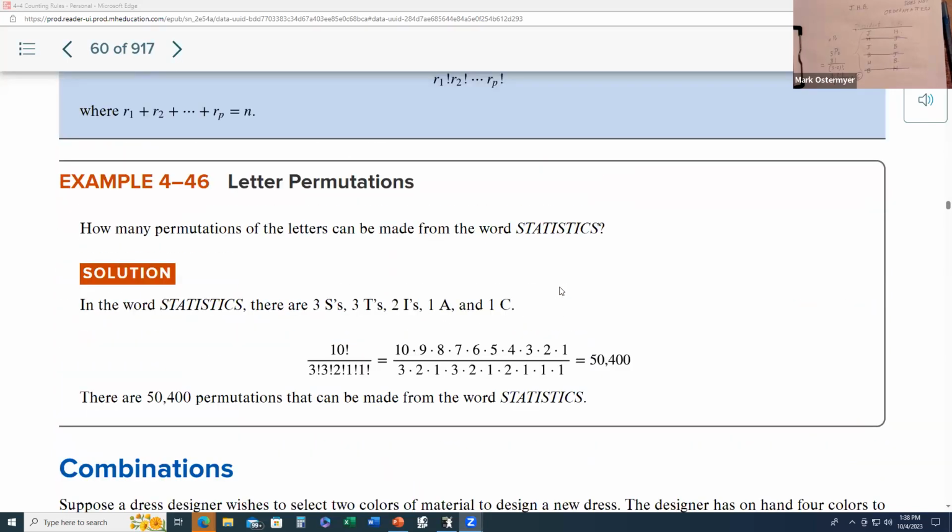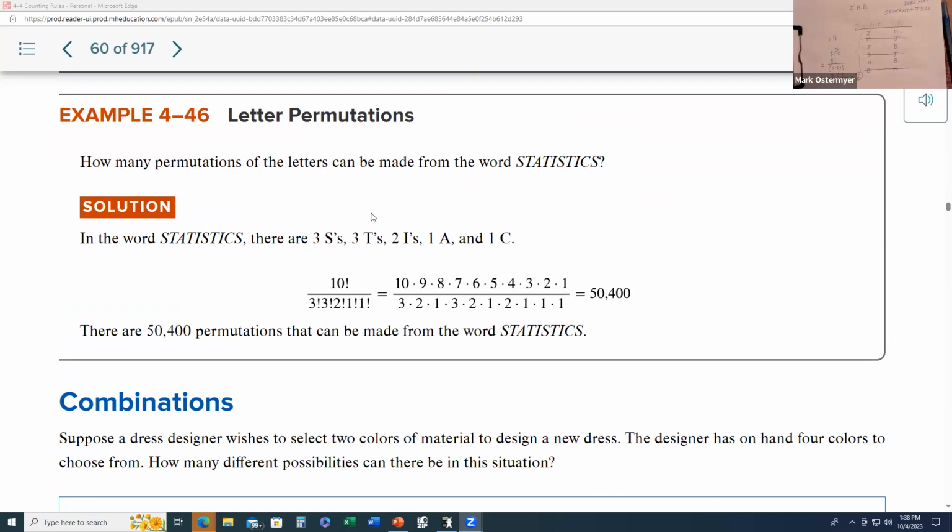All right, here's an example. How many permutations of the letters can be made from the word statistics? How many different unique ways can we arrange these letters in the word statistics to form a unique arrangement?